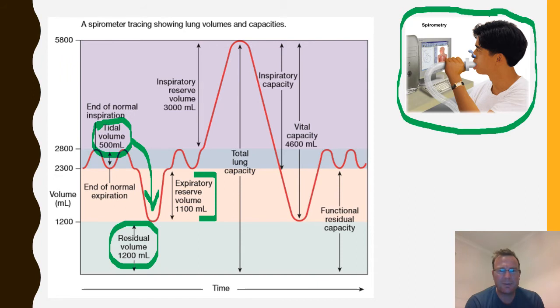So that's my expiratory reserve volume and my residual volume. But now imagine I'm taking a normal tidal volume breath, and then I suddenly take in a huge in-breath. Now, the difference between my tidal volume and my maximal in-breath is known as my inspiratory reserve volume.